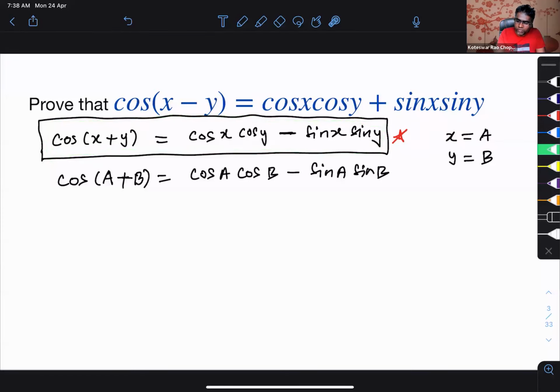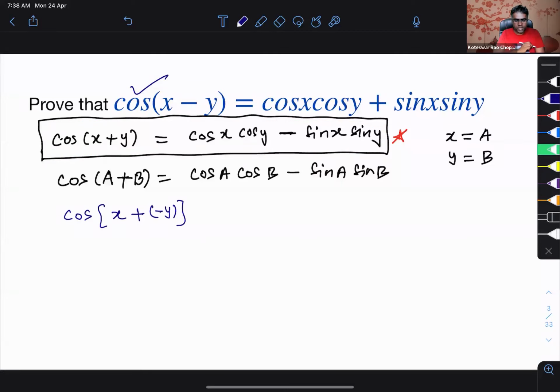Now, to understand why this is true, we want to prove that cos of x minus y is cos x into cos y plus sin x into sin y. What you need to do is simply look at the left hand side. x minus y, I can write it as x plus, let's say, minus y as an input.